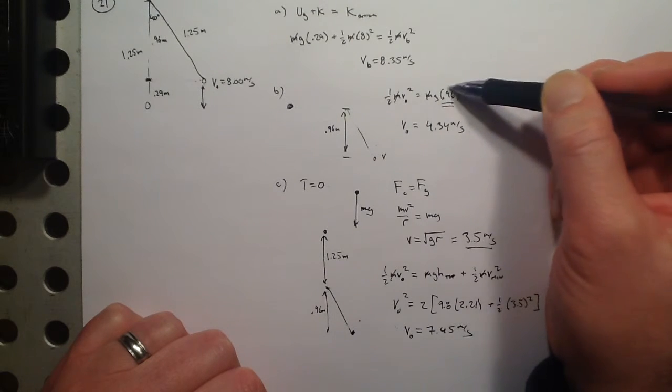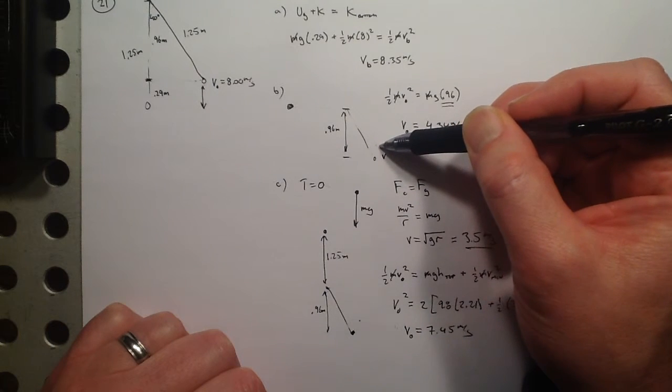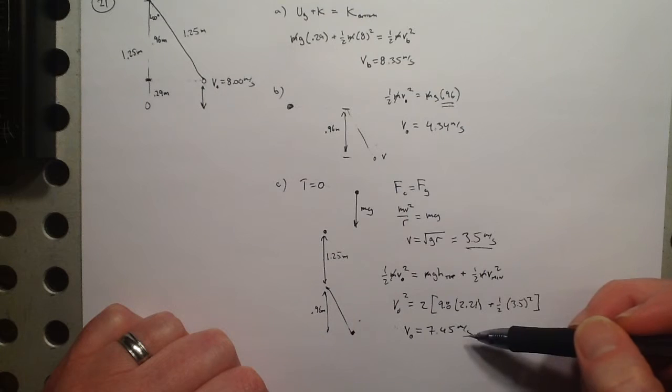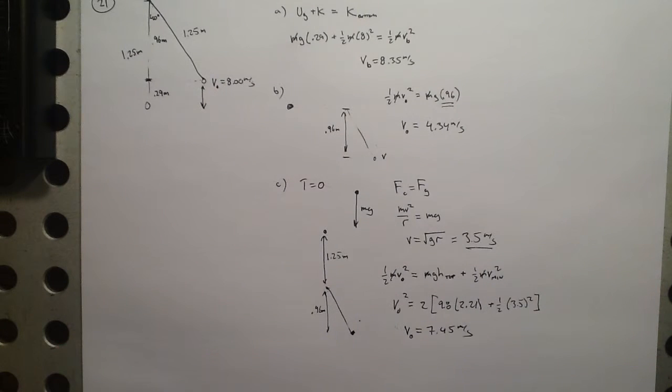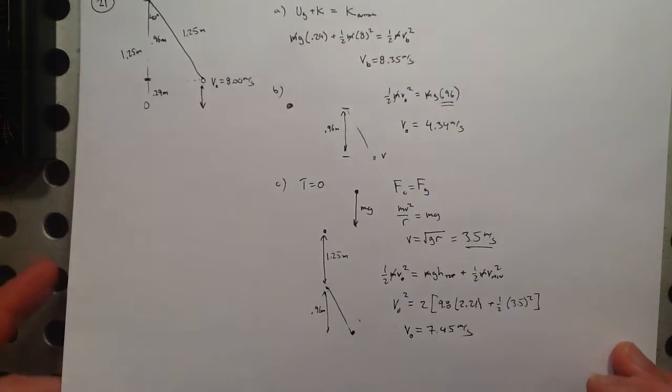This wouldn't be as big as 0.96 anymore. If we increase the angle, it's going to bring it up a little bit, so that would make this a little bit smaller. And likewise here, it would make it a little bit smaller, right? Because it would decrease that height at the top. So both of them would decrease a little bit. Go try it if you want, if you got nothing else to do.